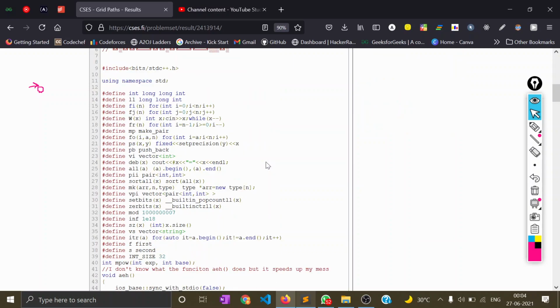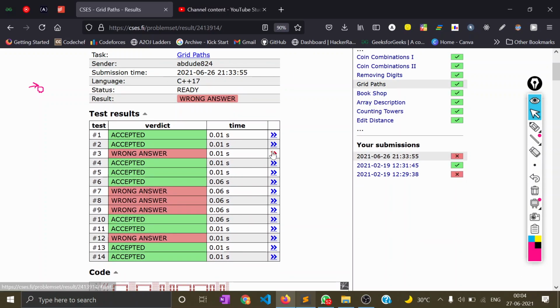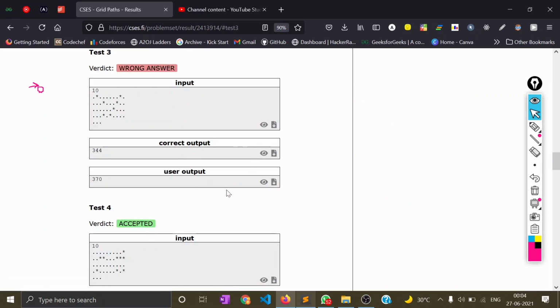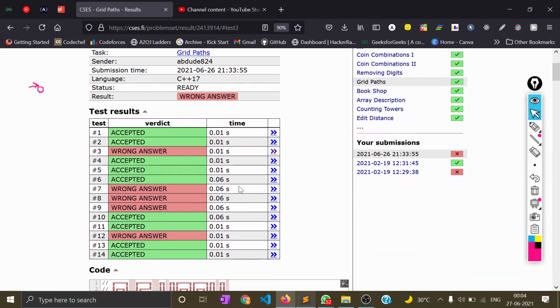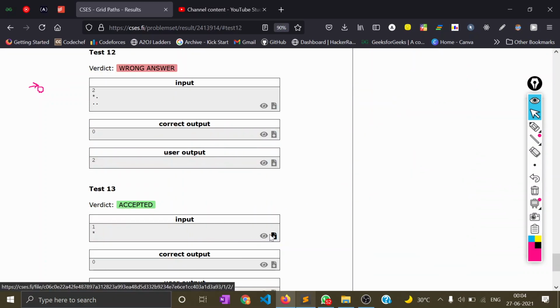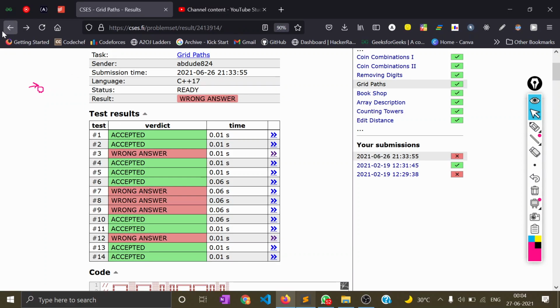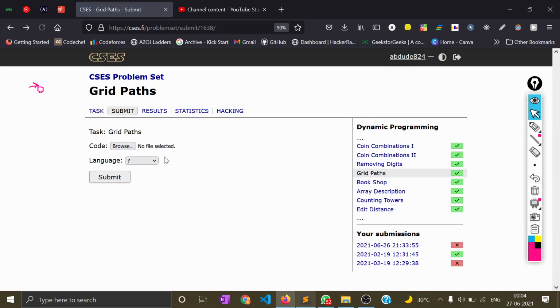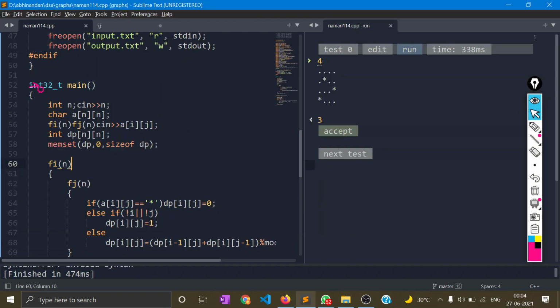I get a wrong answer here. So the user output is 0. Okay, there can be a way.